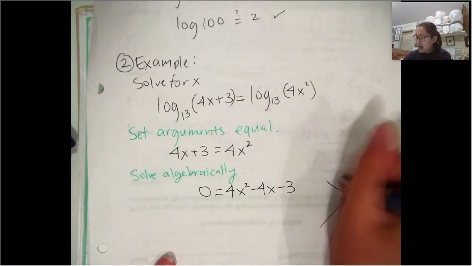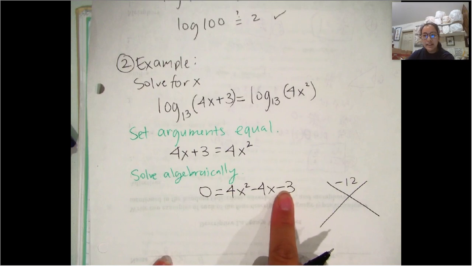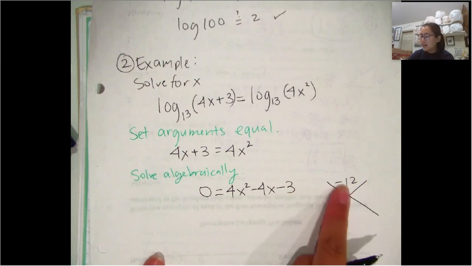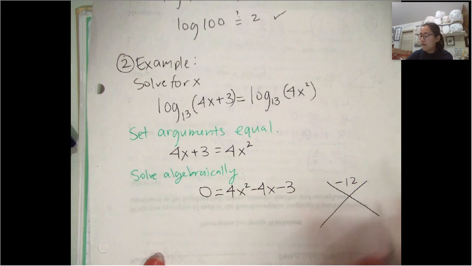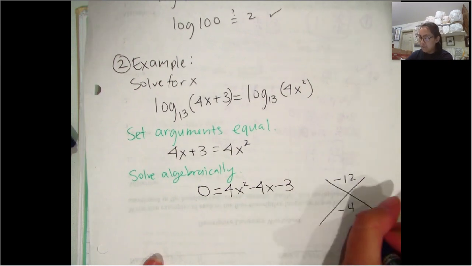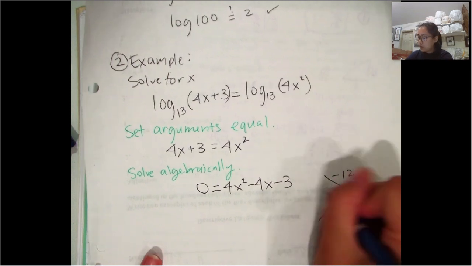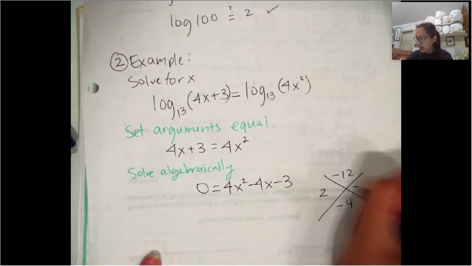That's going to be negative 12, because A times C, 4 times negative 3, is negative 12. We put negative 4 at the bottom because that's your B value. Then you find two numbers that add up to negative 4 and multiply to negative 12. Those two numbers would be, I believe, 2 and negative 6.